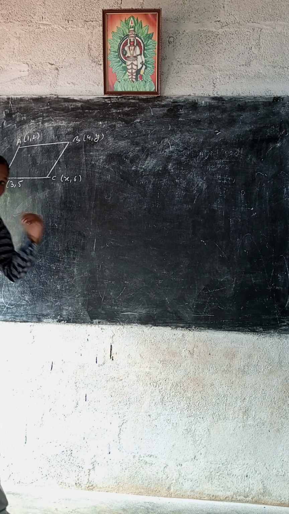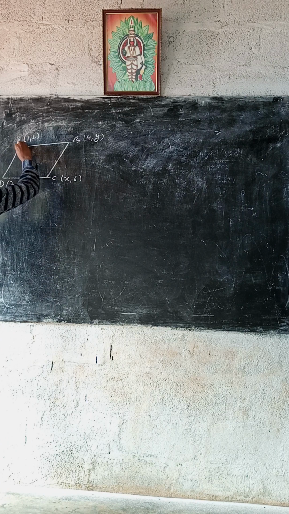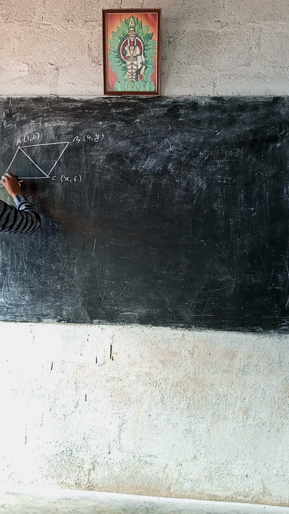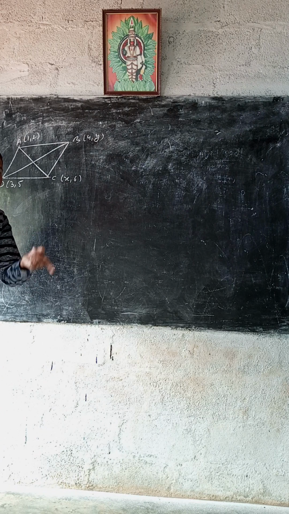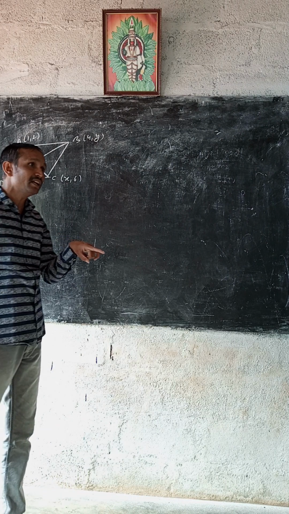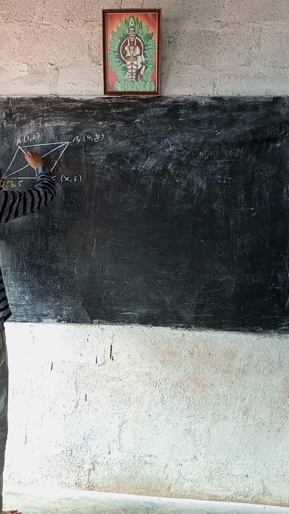Now the diagonals of a parallelogram bisect each other. This is a diagonal, and this is also a diagonal. Diagonal means joining one corner to the opposite corner. So these are AC and BD. These diagonals bisect each other. Bisect means they divide into half. Suppose O is the point here.